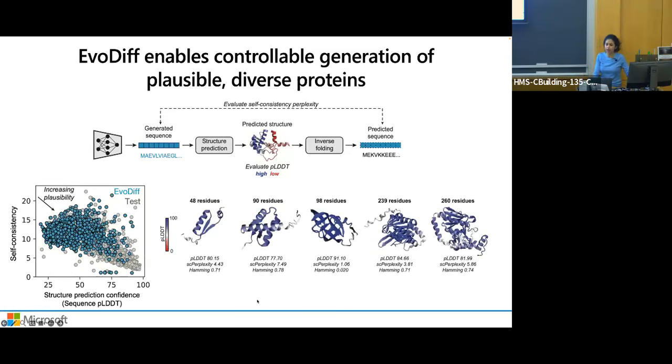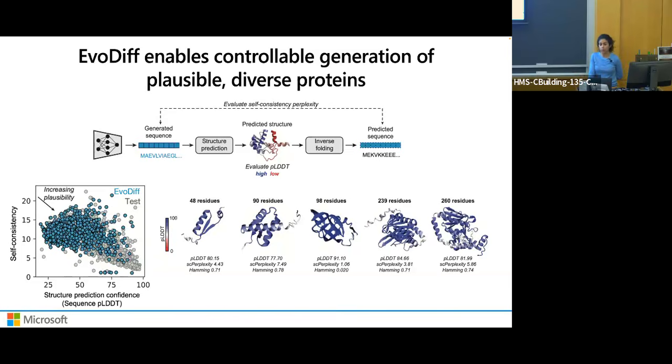We can also visualize some of these generations individually in terms of the predicted structures of these designs, and characterize the confidence associated with the structural prediction and their similarity to sequences in the test distribution.